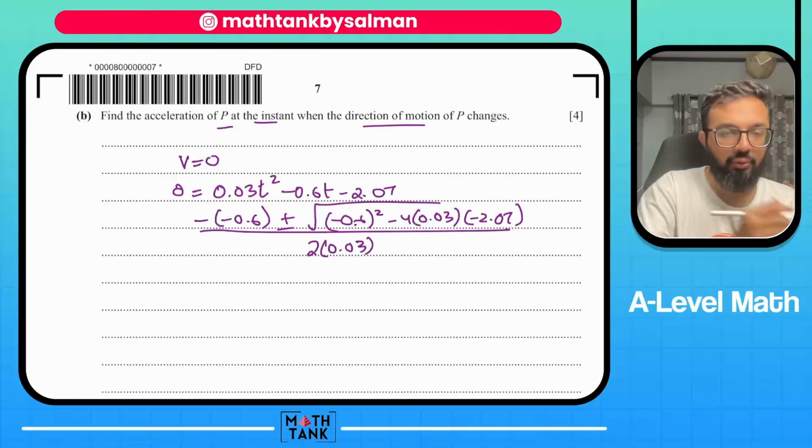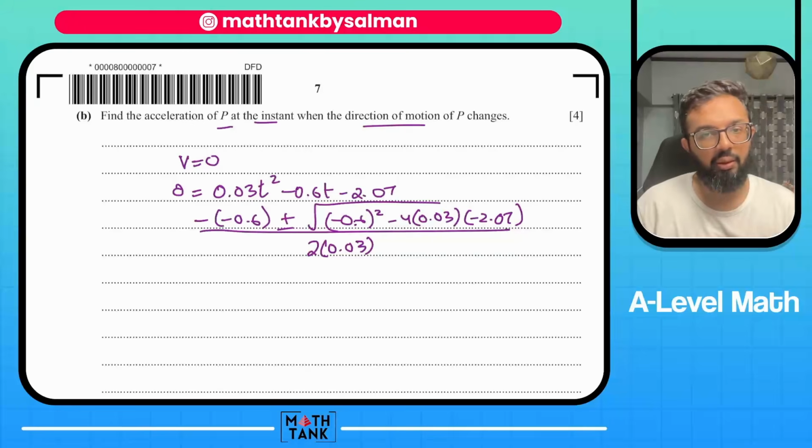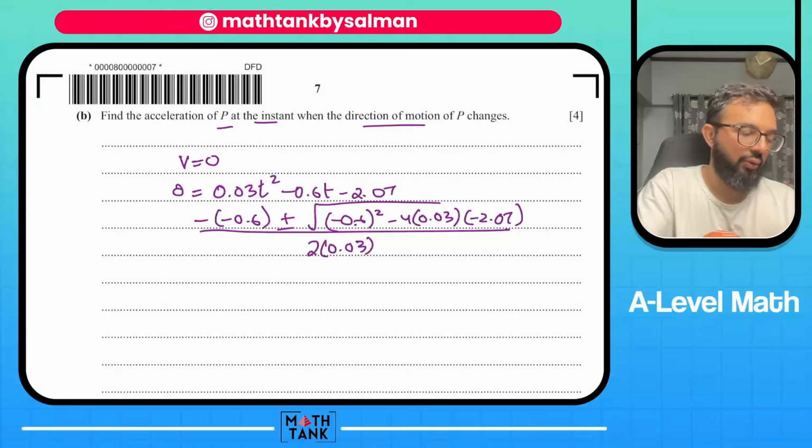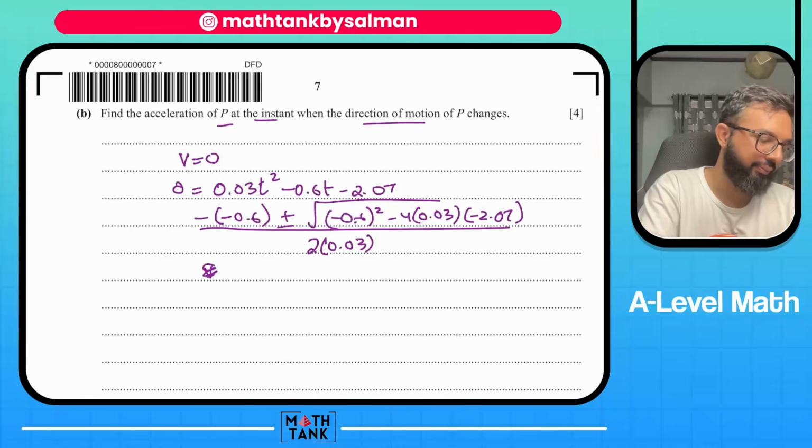I hope I've written down the numbers correctly. I just want to take a quick check. Yeah. 0.03 minus 0.6 minus 2, so 23 and minus 3. Of course, minus 3 can't be a value for time, so discard that and then consider this.